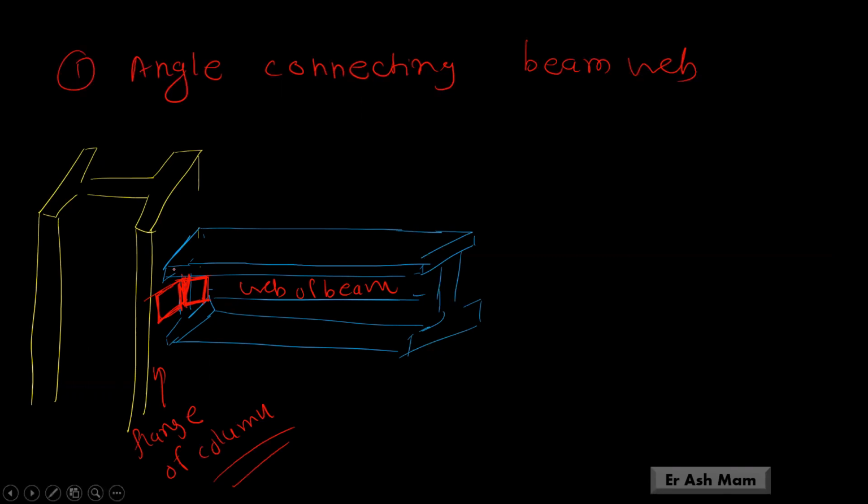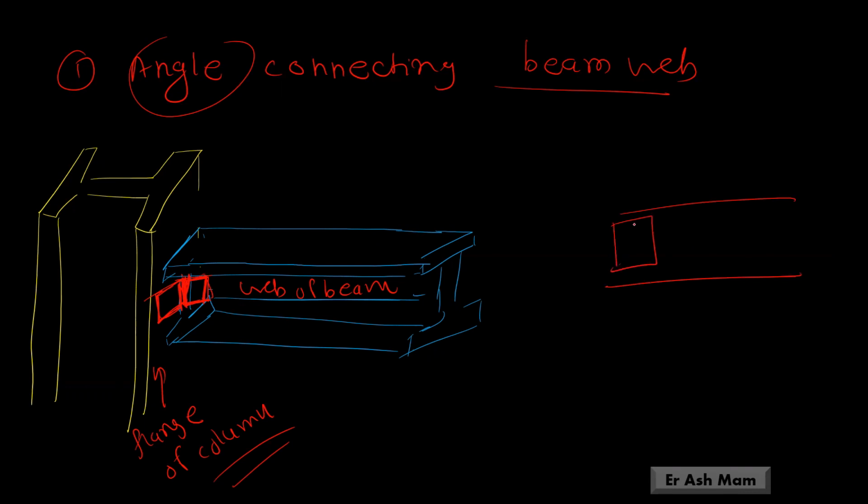First we will consider angle connected to beam web. It means this angle is connected to this beam web. One plate will be on this side, and the other on the other side.